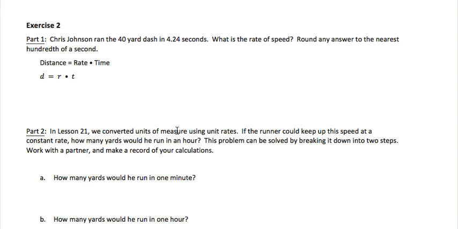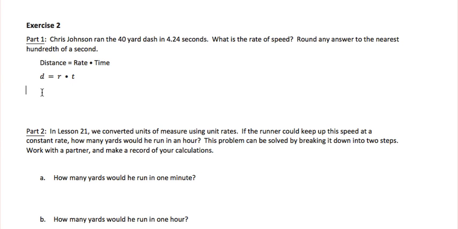In exercise 2, part 1, they tell us that Chris Johnson ran the 40-yard dash in 4 2400 seconds. What is the rate of speed? We're going to round our answers to the nearest hundredth of a second. We do not round until we get to the answer, so please be careful with that.